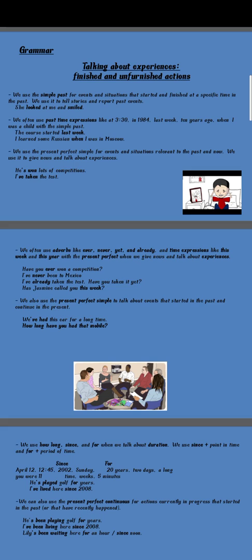Let's see the keywords that we can use with the past simple, like last week, last month, 10 years ago, when I was a child, etc. All these words can be used with the past tense and to specify the time, because it's important here to tell when something happened, and that's the main reason why we use past tense. We use it to specify or tell exactly when something happened.